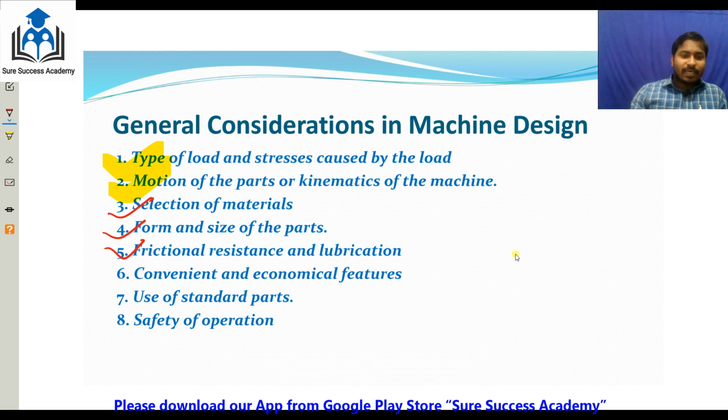So you have to consider convenient and economical fixtures, how it will be economical, and the use of standard parts. If the standard product is available in the market, then use it to reduce the manufacturing cost. Use of standard parts and safety of operation are very important, and a designer must know what safety fixtures are required during machining or manufacturing.